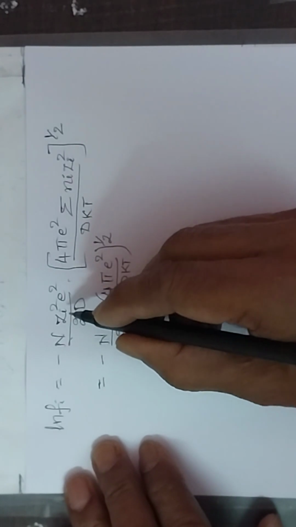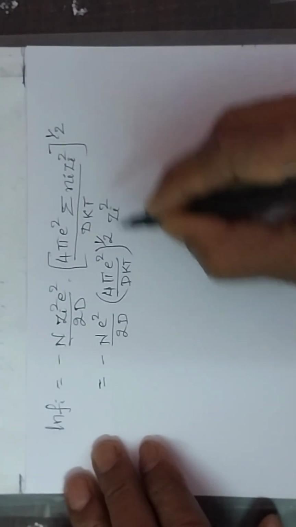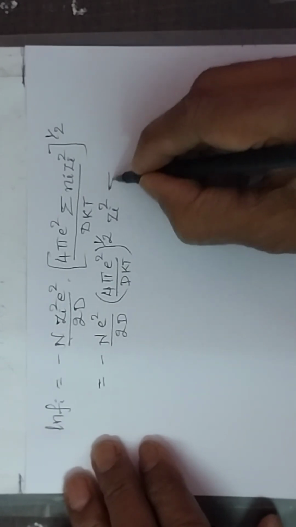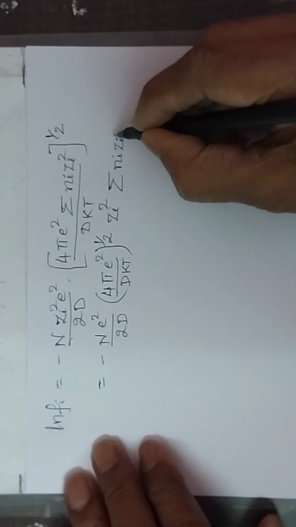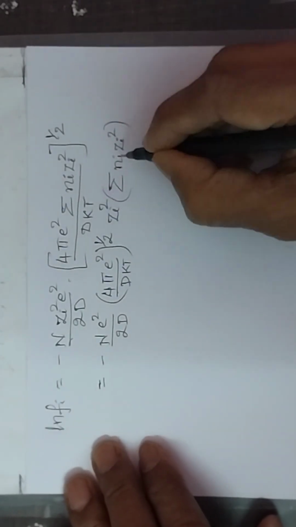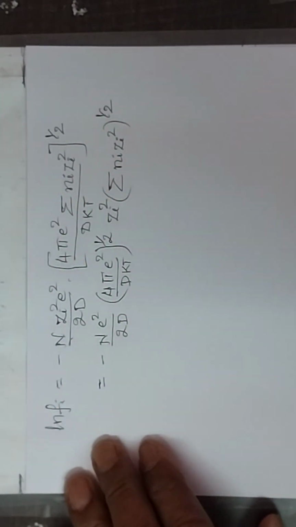Then you take Zi square outside, then [summation of ni zi square] raised to half.